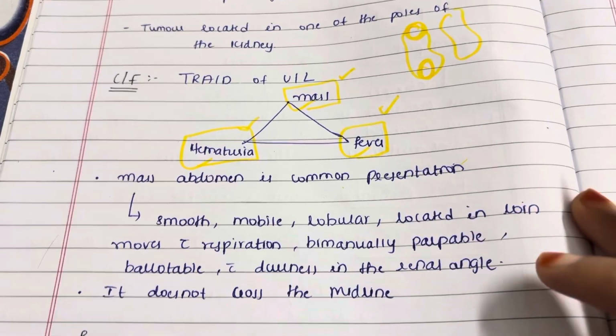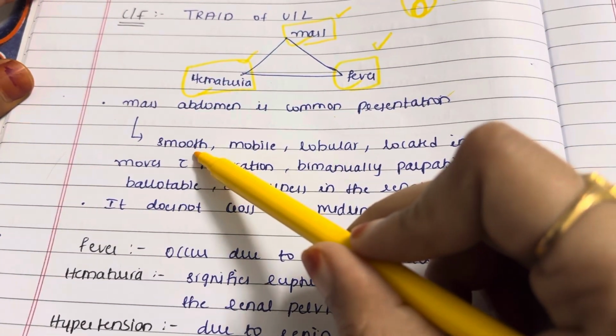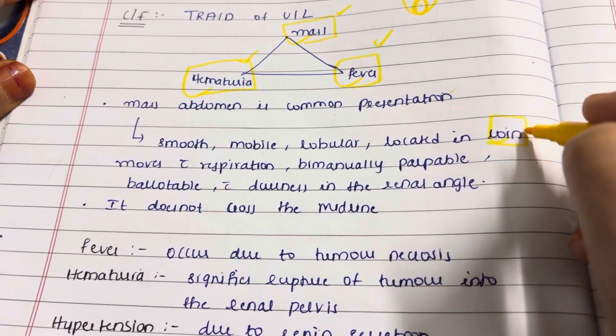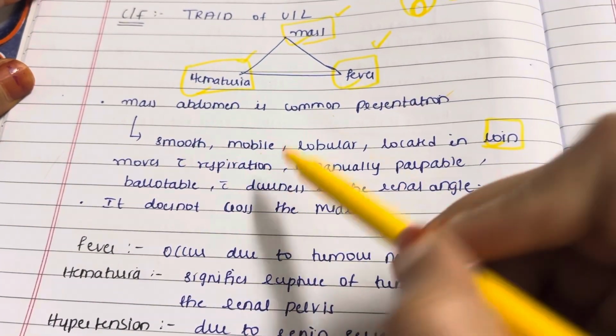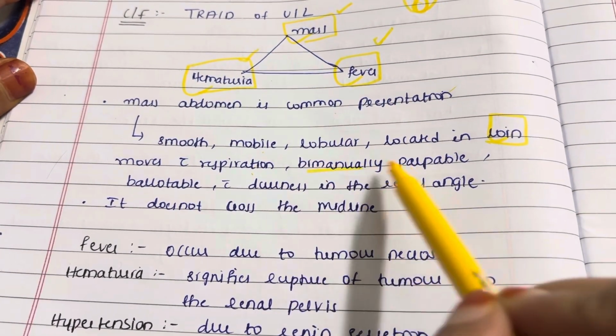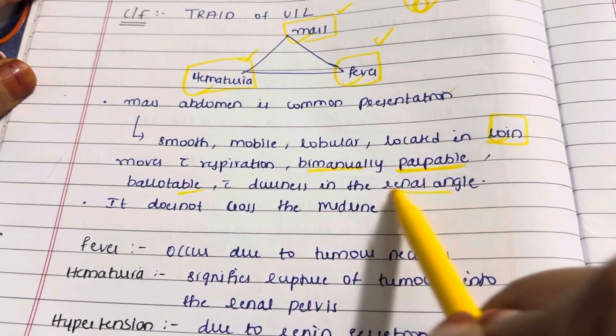So how is the mass? Remember, the mass is smooth, mobile, lobular, located in the loin, and it moves with respiration. It is bimanually palpable, ballotable, and there is dullness in the renal angle.